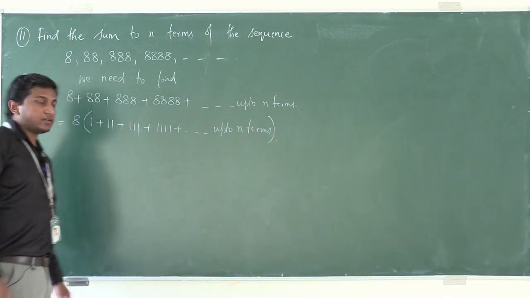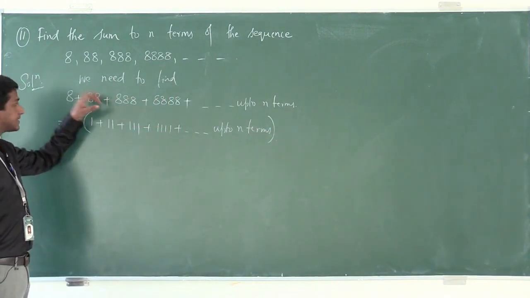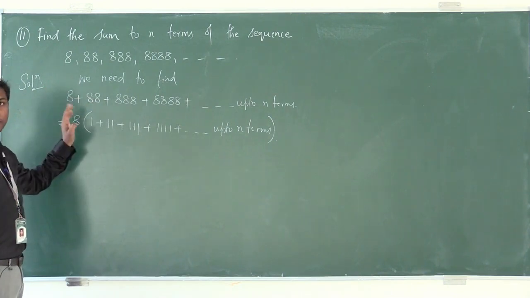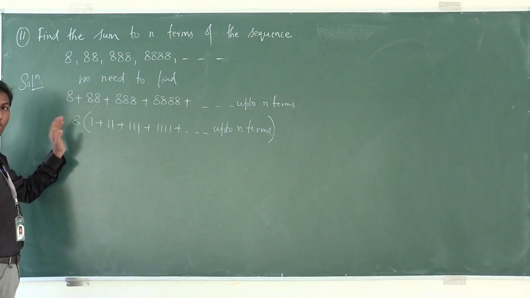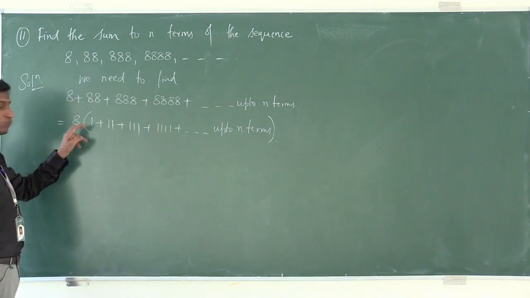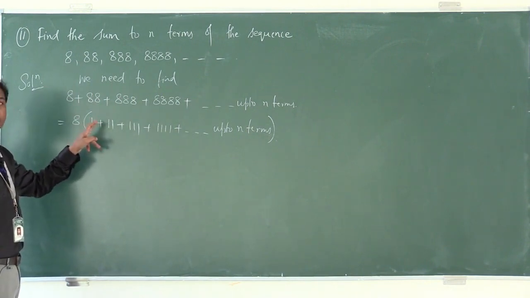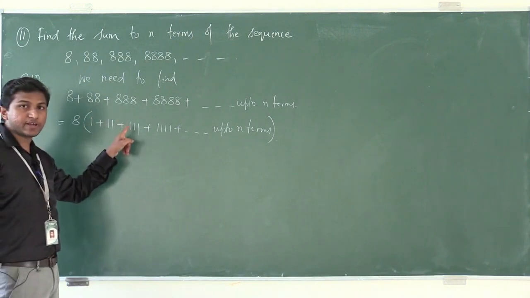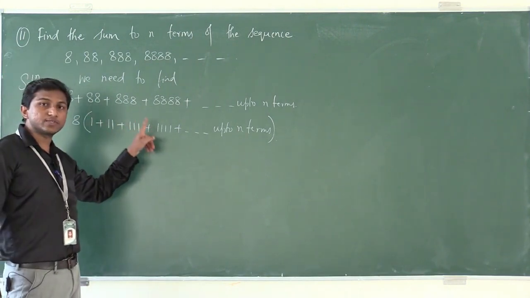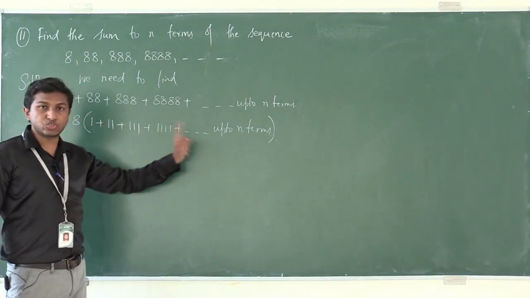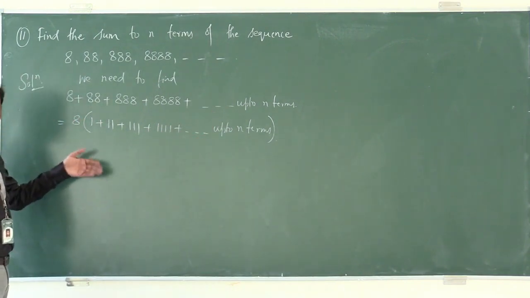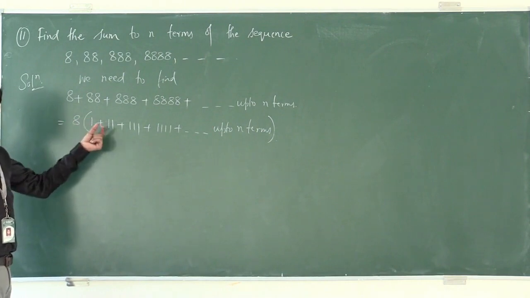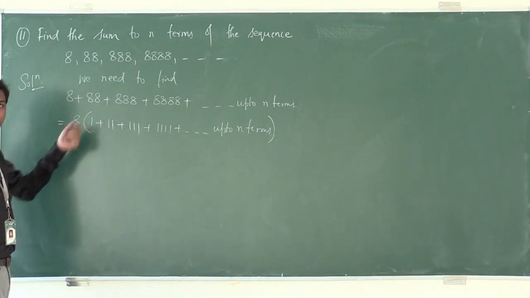So what have we done? The first step is we have taken 8 common from this series. I am left with 1 plus 11 plus 111 plus 1111 plus so on up to n terms. Then the next step, I am going to multiply and divide by 9.